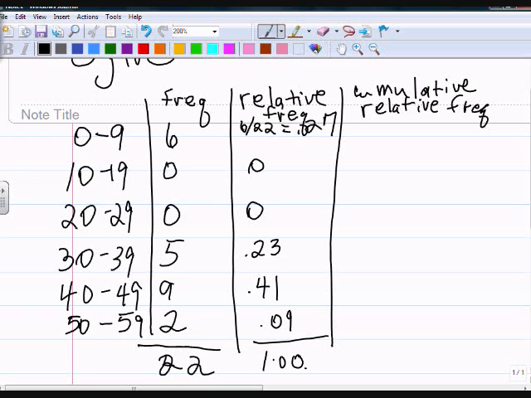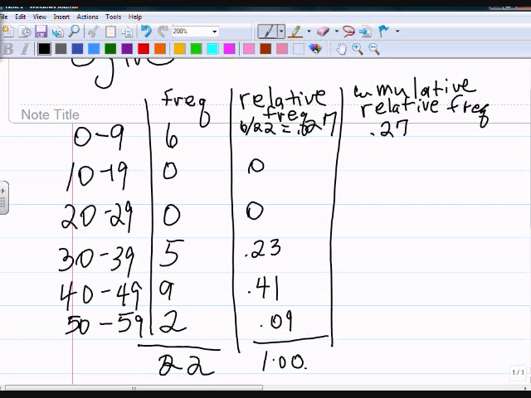All right. The cumulative relative frequency for the first row of data is going to be the relative frequency for the first row, and that's 0.27.